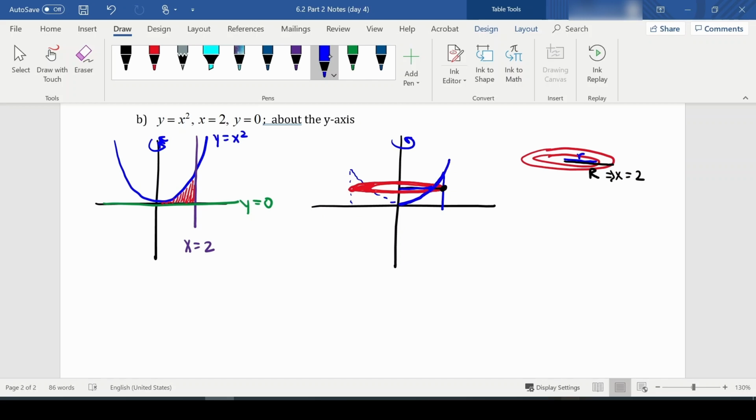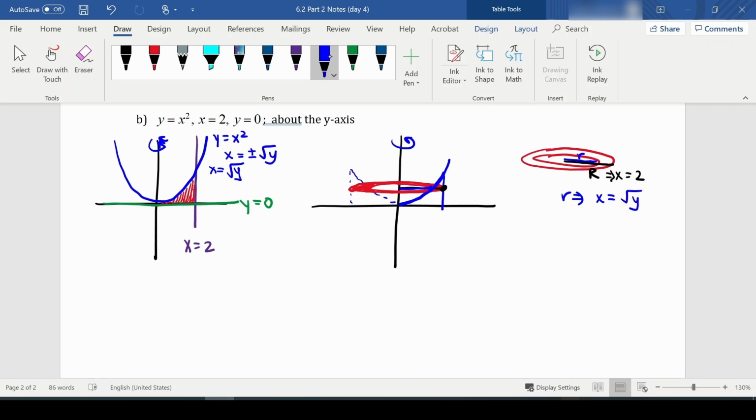So that function was y equals x squared, and our inner radius, little r, should be in terms of x equals as well, right? Because we're integrating with respect to y. So if we have y equals x squared, this is the same thing as x equals plus or minus root y, but I'm only taking this positive arm. So we just get x equals root y. So our inner radius is root y.